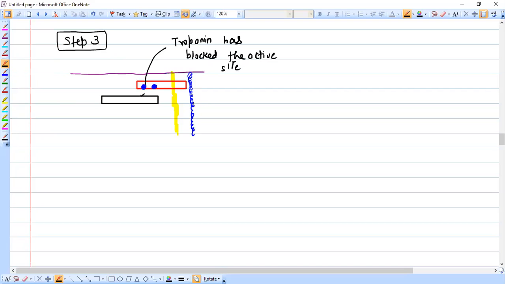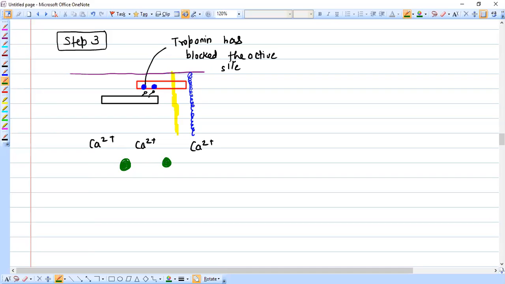This is the head of the myosin, so leave it as it is. Since there is lots of calcium ion present in the cytoplasm because of the conduction of impulse, let us take this green colored stuff as the calcium ion.